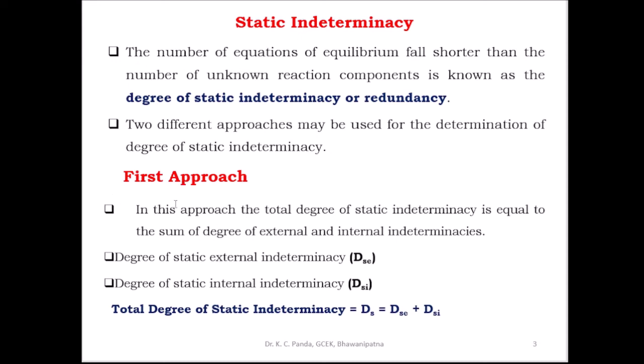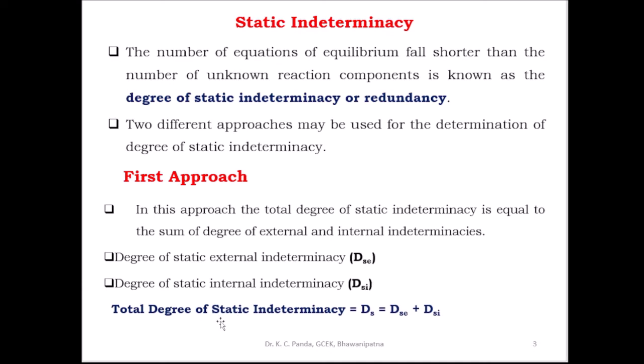Then coming to the first approach. In this approach, the total degree of static indeterminacy is equal to the sum of degree of external static indeterminacy and internal static indeterminacy. The degree of static external indeterminacy can be denoted by D subscript SC, and the degree of static internal indeterminacy can be denoted by D subscript SI.